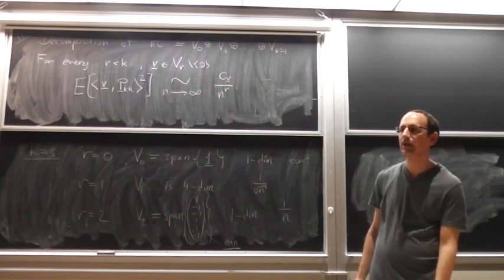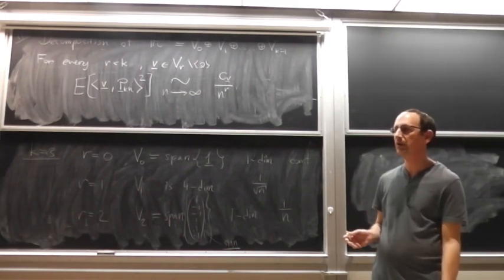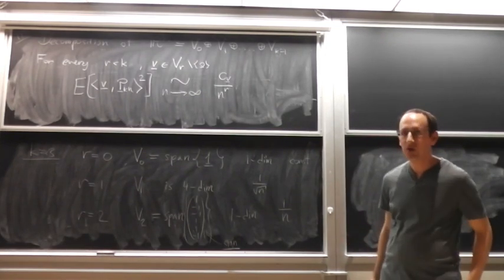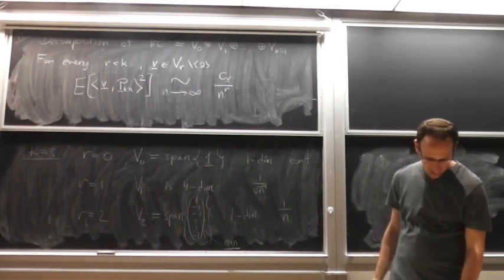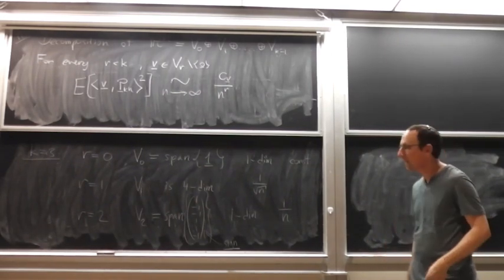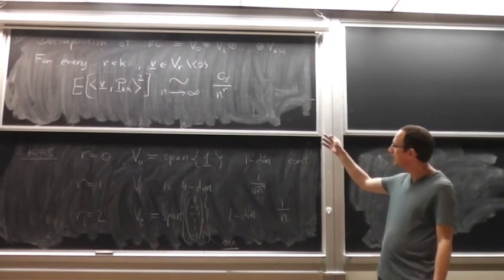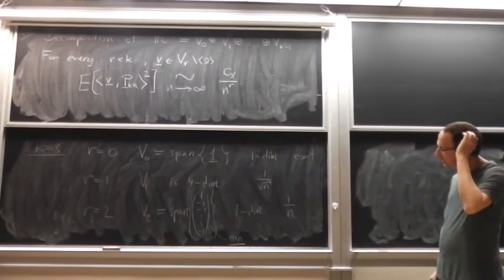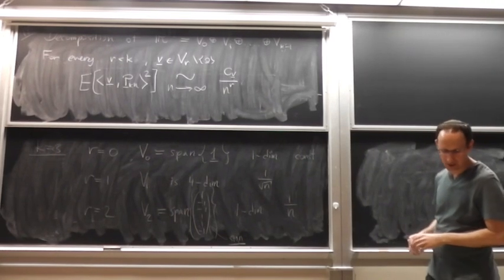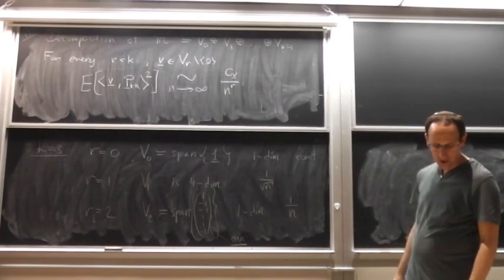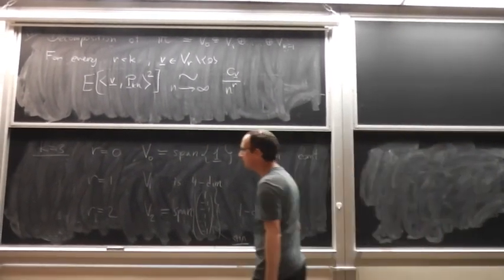Okay. So any questions about the example? Okay. So before I tell you what the decomposition is in general, perhaps let me tell you about some other properties of it.